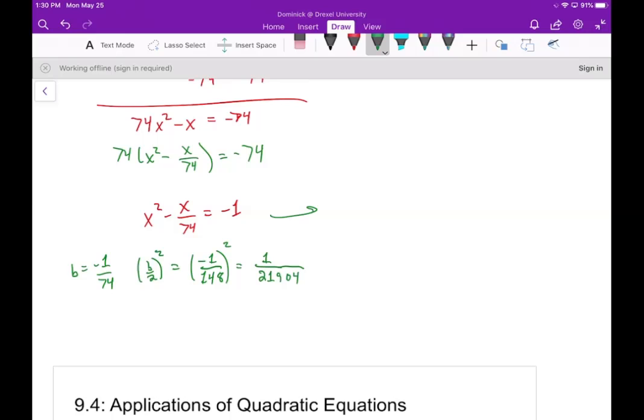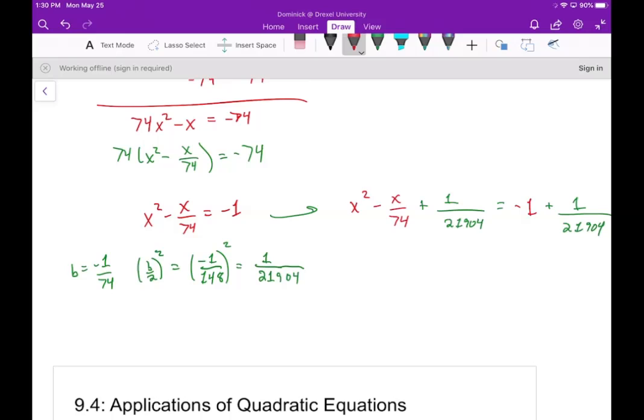So now if I add that to both sides, I'm going to have x squared minus x over 74 plus 1 over 21904 is equal to negative 1 plus 1 over 21904.